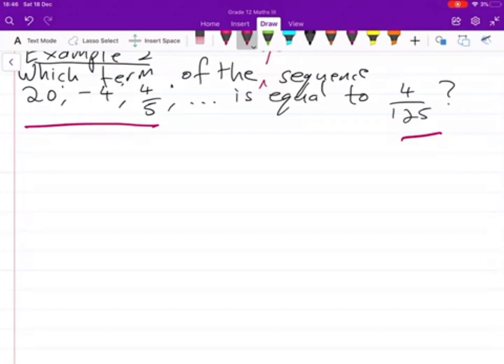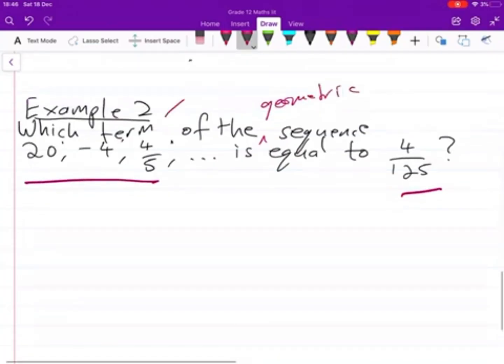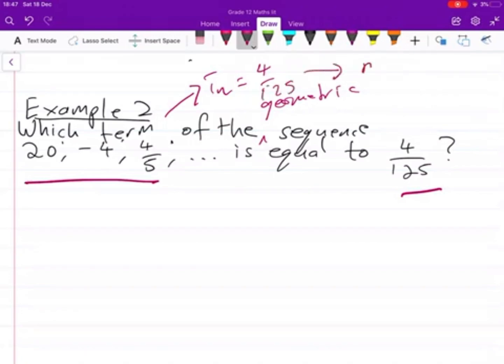So we are trying to find Tn, where the value of Tn must be 4 over 125, which means that in actual fact we are looking for n. Thus the first thing we must find is the general term, and the general term will lead us to solving for n.